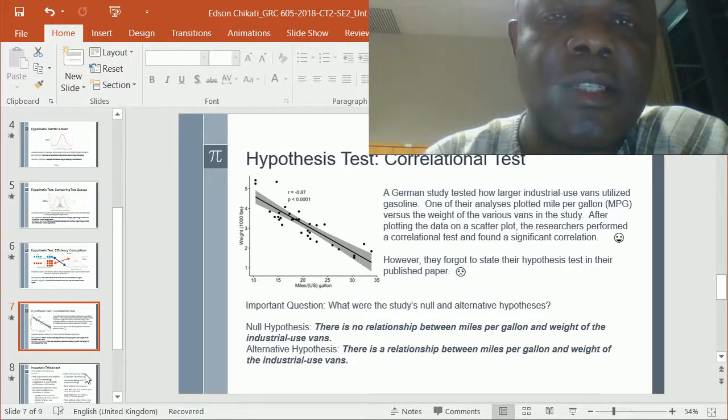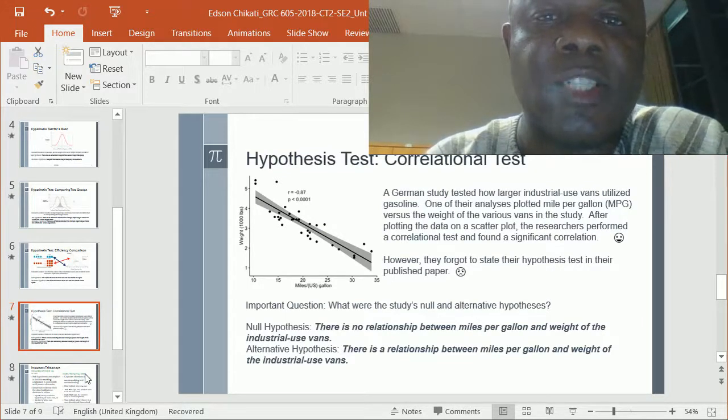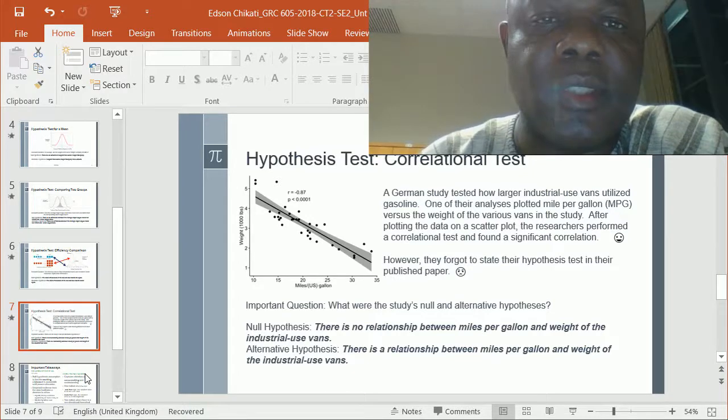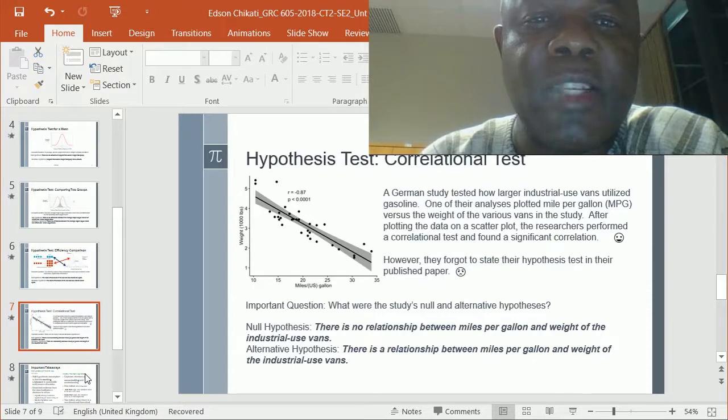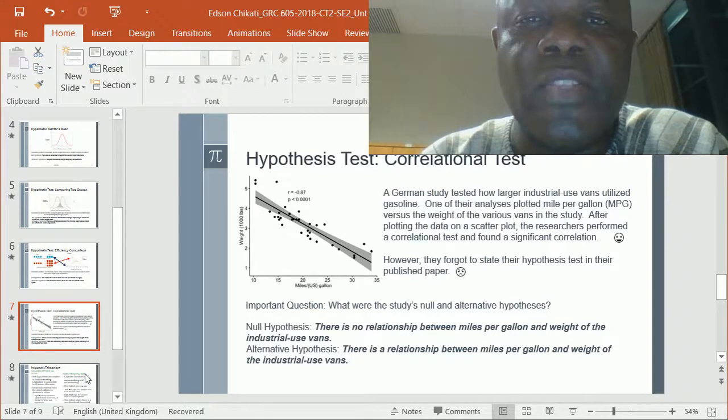Hypothesis test on correlational. This scenario is a German study which tested how larger industrial use vans utilized gasoline. One of their analyses plotted the miles per gallon versus the weight of various vans in the study.